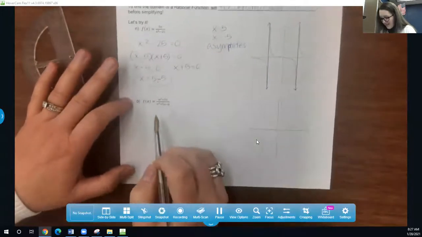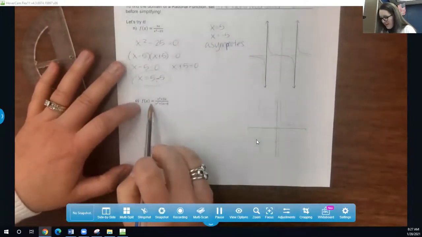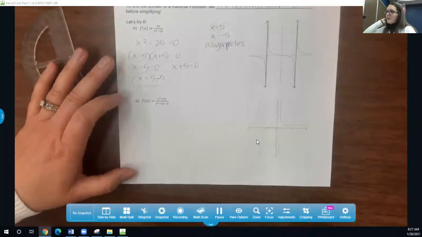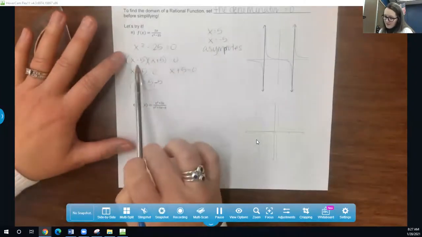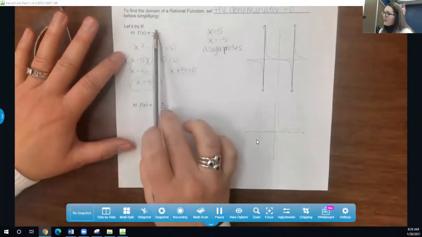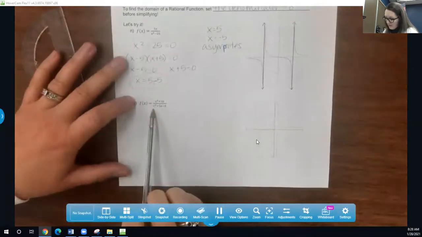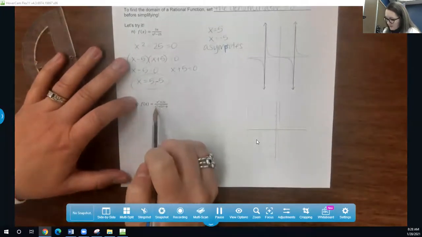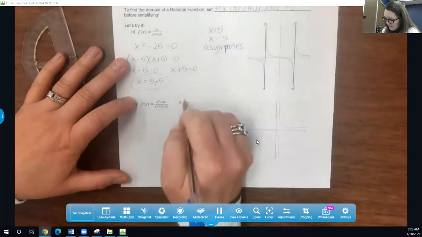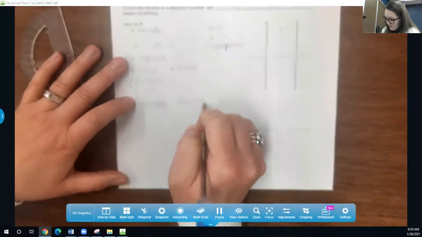Okay, let's look at this one, our letter O. In this case, after we factored, we couldn't really cancel anything out with the 3x, but I think we're going to run into a different situation here. So let's factor this. I can factor out an x. So I have x plus 3 in the numerator.